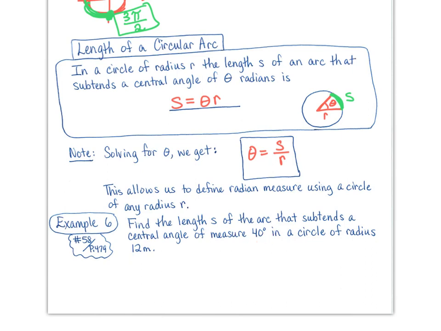So what are you going to have to do? Convert that to radians. You might want to convert this first, or do it all at one time. Let's do that first. Convert 40 degrees to radians.